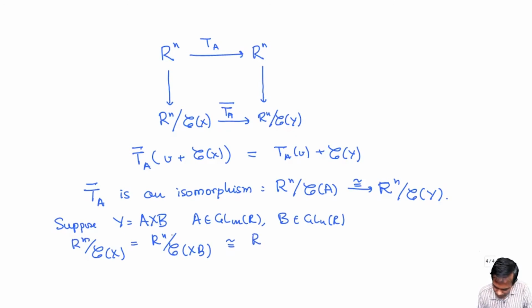Sorry, this should be R^m mod the column space of AXB, which is R^m mod the column space of Y. I guess all these n's need to be m.